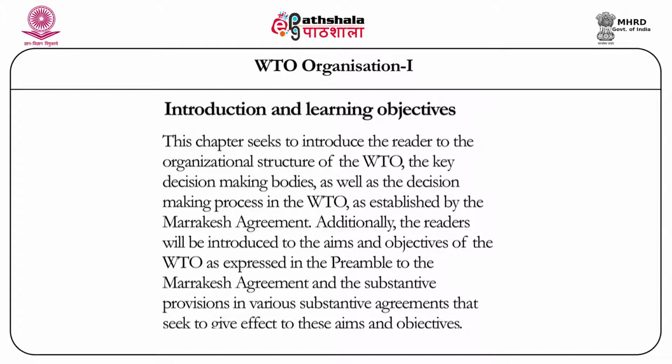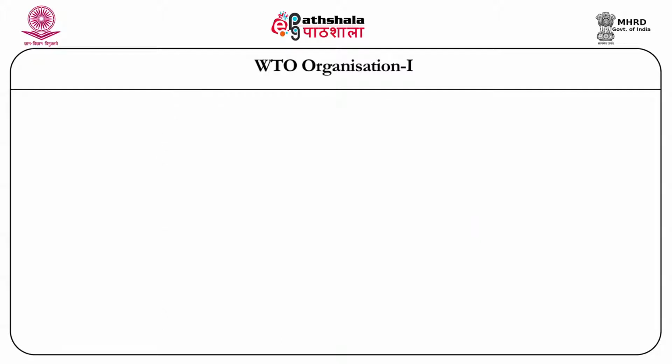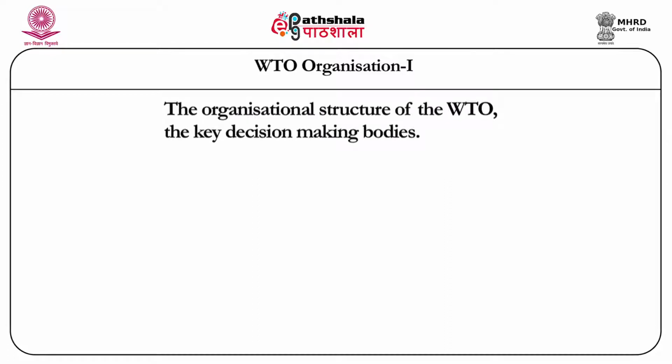Additionally, the readers will be introduced to the aims and objectives of the WTO as expressed in the preamble to the Marrakesh Agreement and the substantive provisions in various substantive agreements that seek to give effect to these aims and objectives.